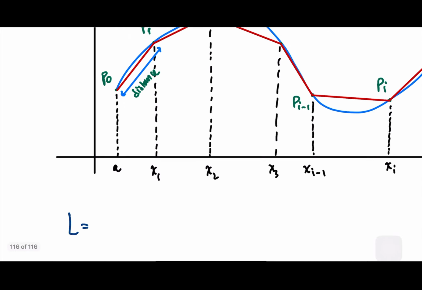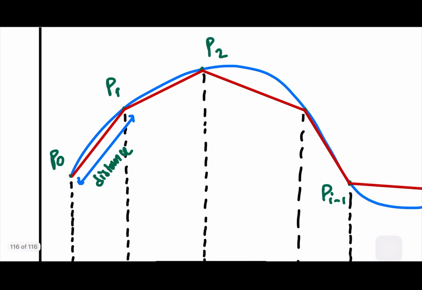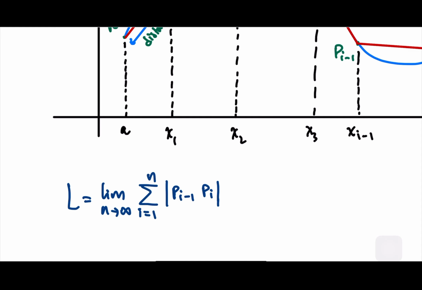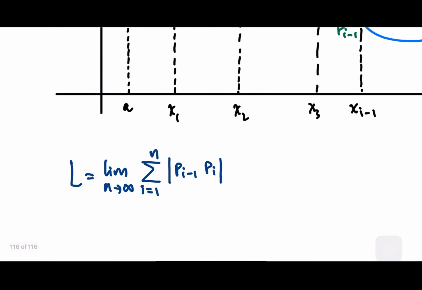We add up all the straight lines, and if n is getting larger, going to an infinite number, then the length is the sum of the distances between Pi minus 1 and Pi. This means the distance between the points P.